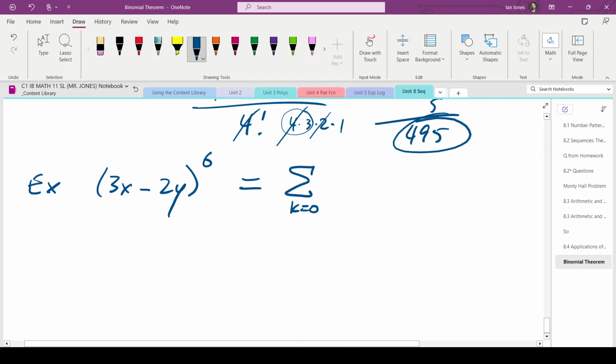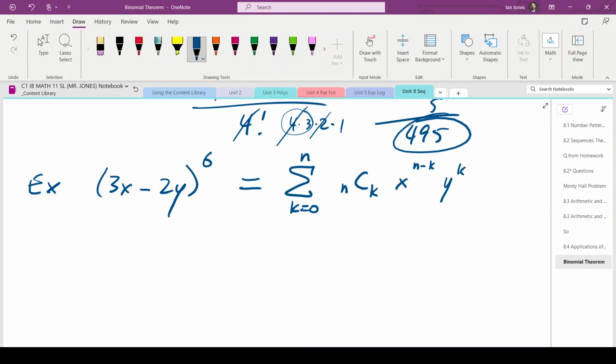In sigma notation, I know that this equals this. So I could compute the whole thing this way, and I will.